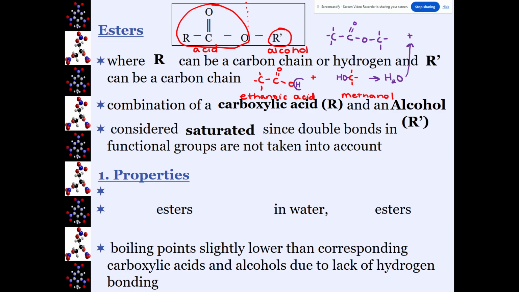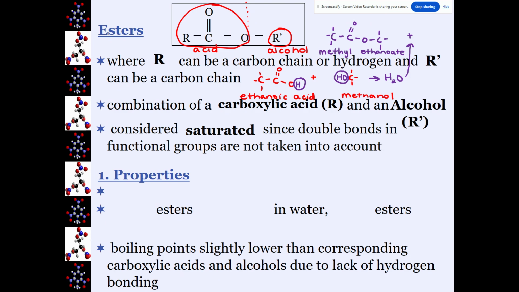The H comes off here, the OH comes off here, they make water, and this is your ester. I can actually tell you the name of this ester, and we'll get into how to name them. The name is going to be called methyl, as a separate word, ethanoate.